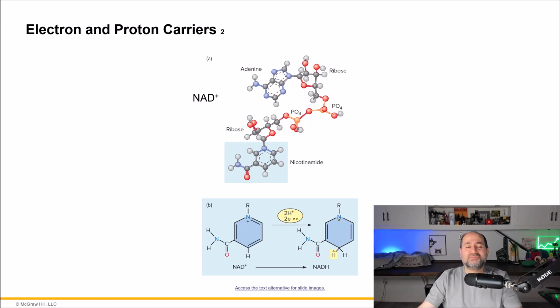And do you remember how this process works in cellular respiration? Electron carriers are required for carrying those electrons from the sugar to the electron transport chain. And one of those electron carriers is called NAD+. NAD+ is short for nicotinamide adenine dinucleotide, and this is known as an electron carrier.